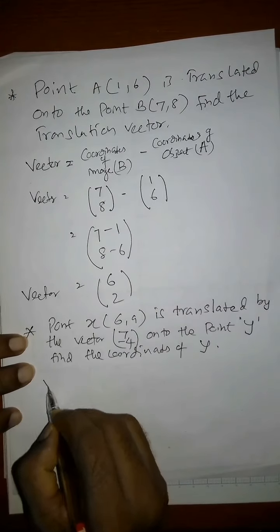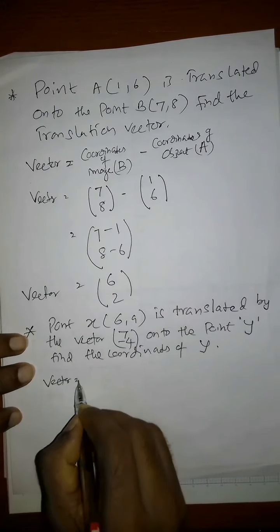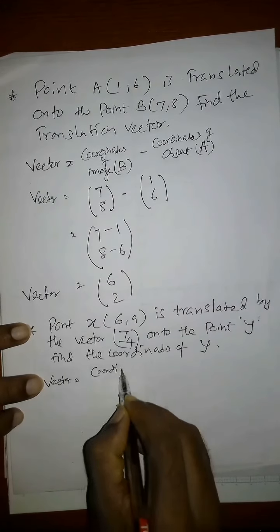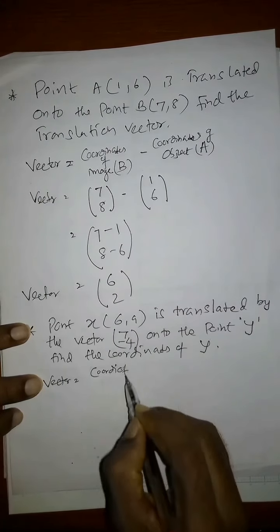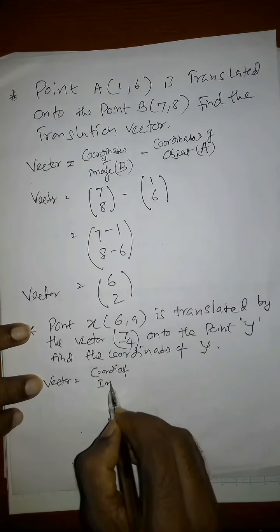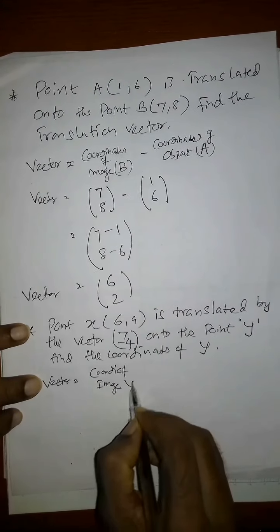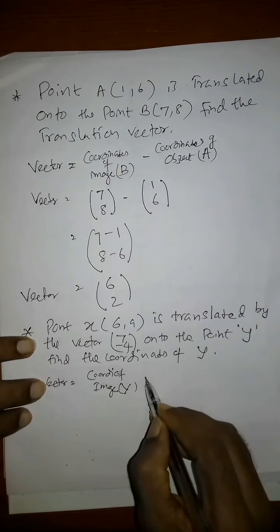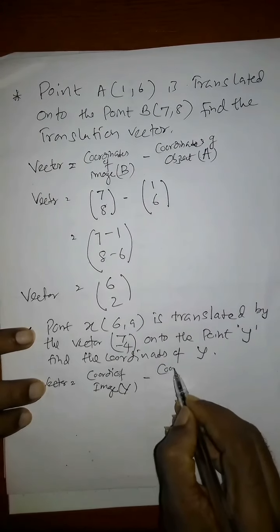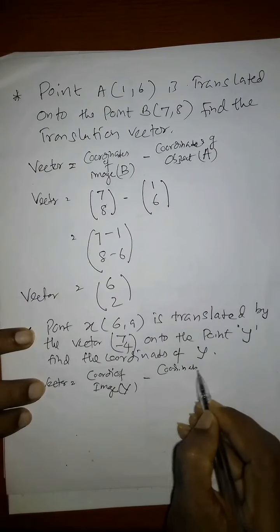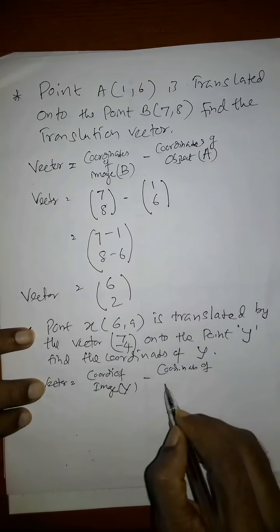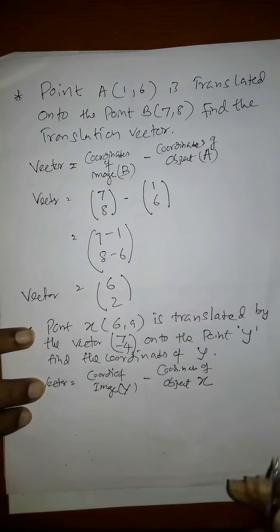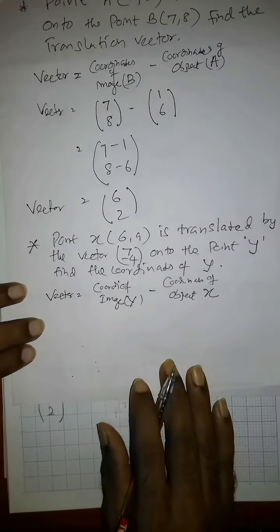Vector equals coordinates of image, here Y, onto Y, right? Then minus coordinates of object, that is X. Then substitute.